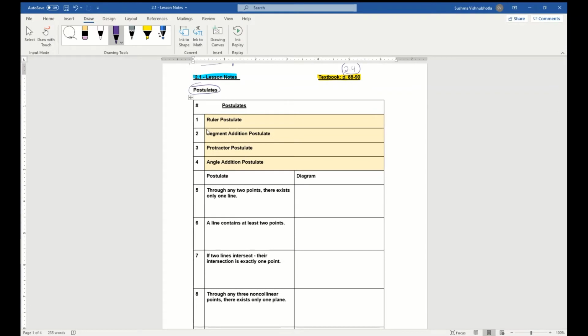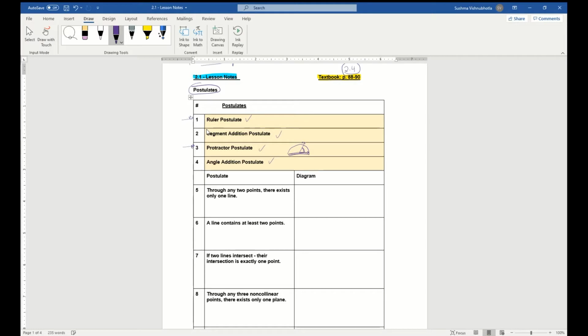So the 4 postulates we studied in Unit 1, mainly 2 and 4, but we touched on 1 and 3: segment addition, angle addition, ruler, and protractor postulate. I don't think I ever actually talked about this, but it's similar to the ruler postulate in that the size of an angle, or how big an angle is, can be measured using a protractor.